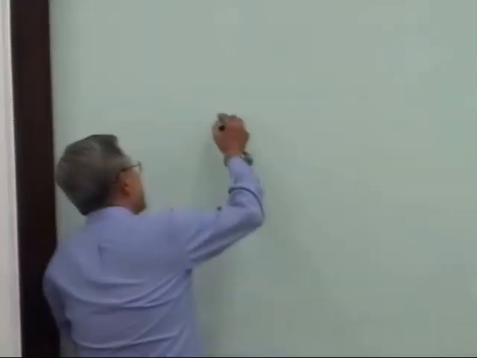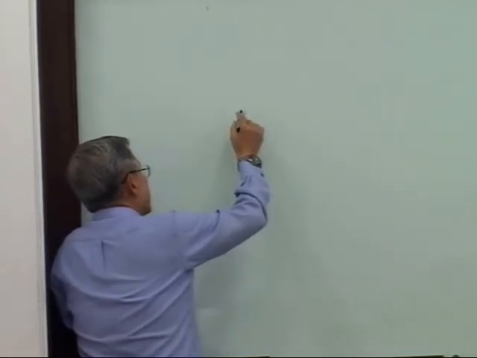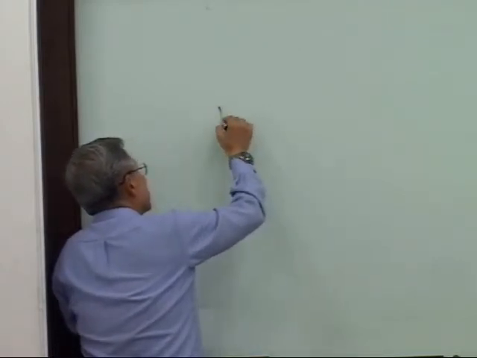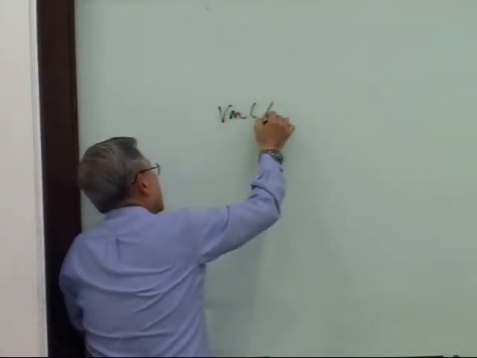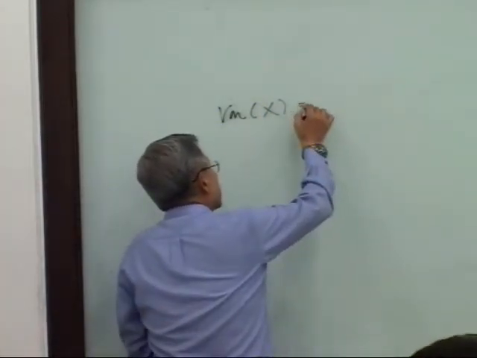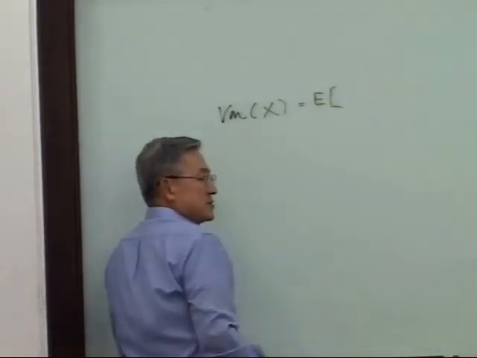And also, instead of variance, you have to bring in the covariance. Remember? Now back to everything in standard form. The variance, you have to start from the definition.